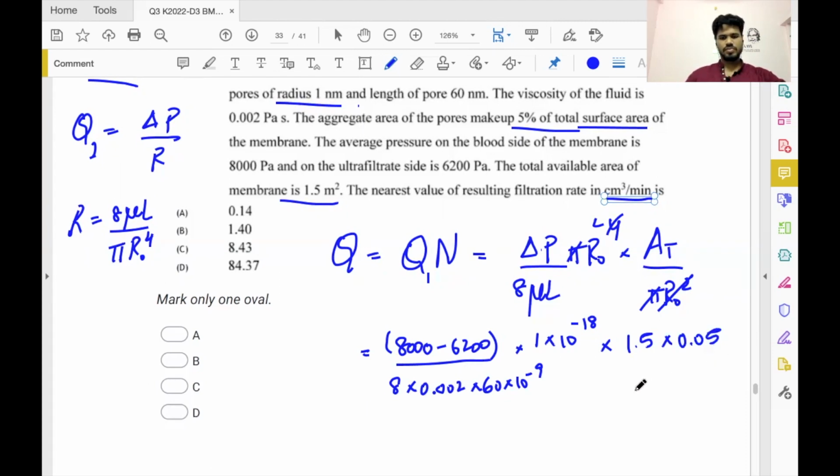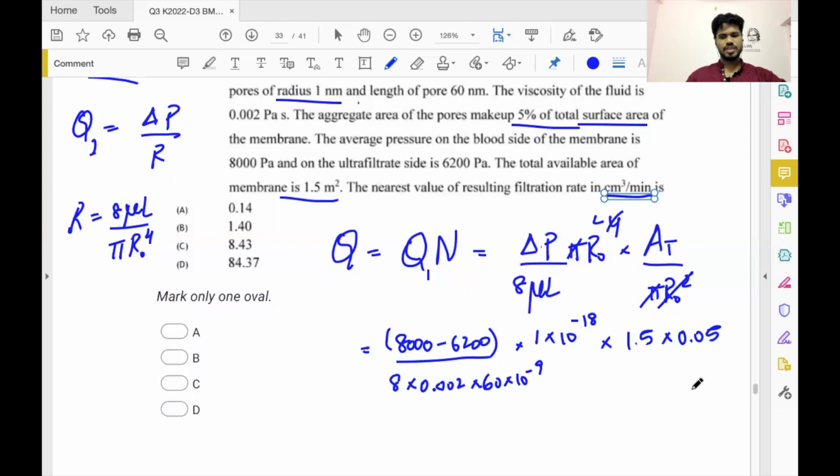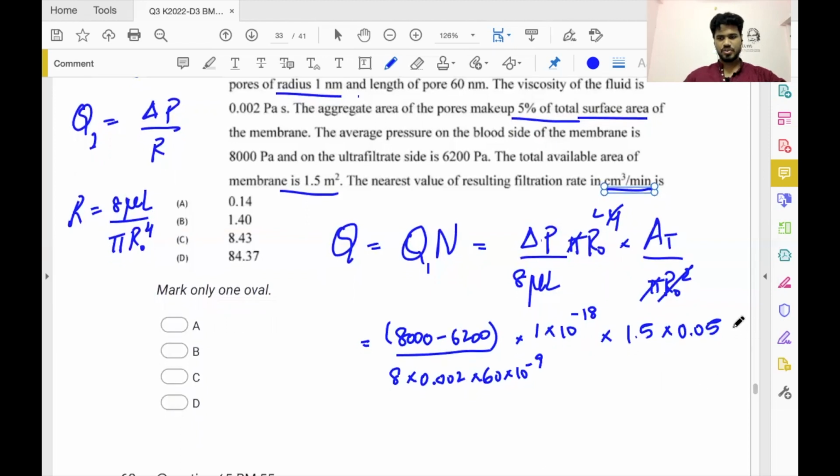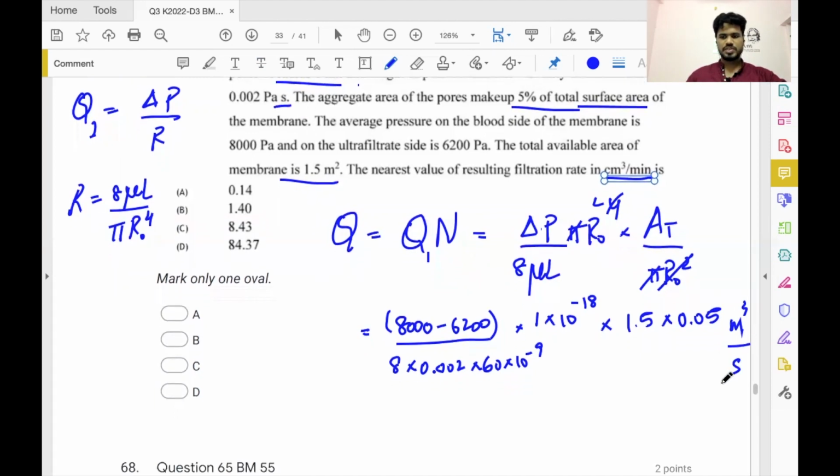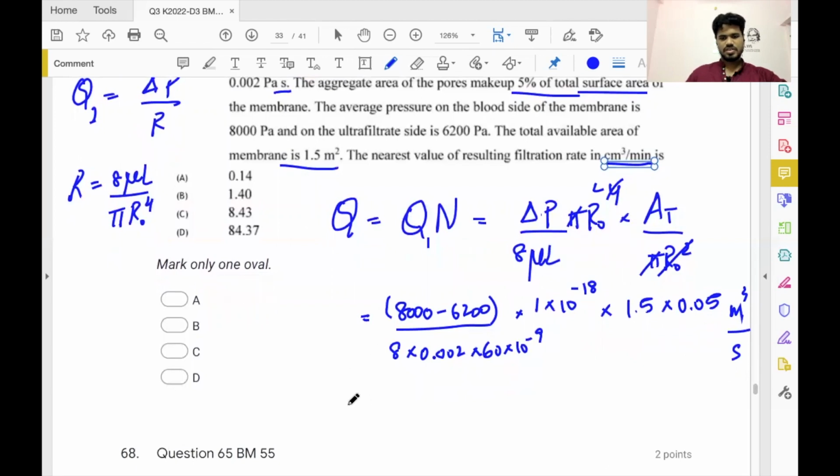And all of this flow rate should be in meter cube per, where is the time coming from? Second. Because in pascals we have second, this entire thing should be in meter cube per second. Okay, can we quickly calculate what this value is? Then we'll have to convert that to centimeter cube per minute.